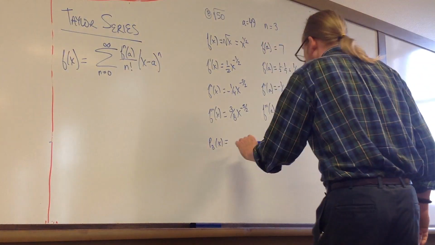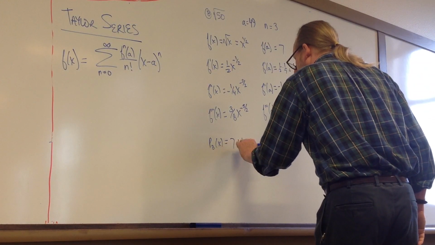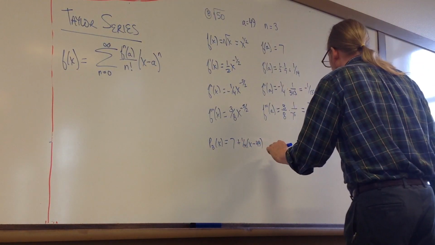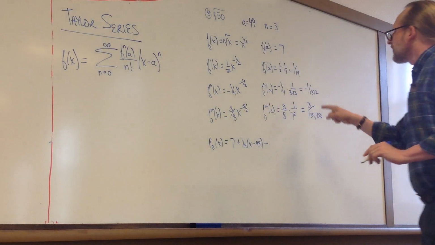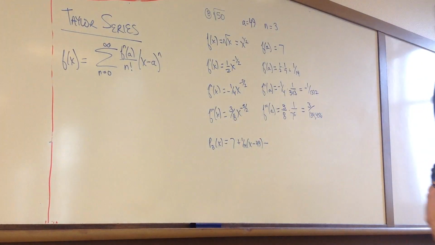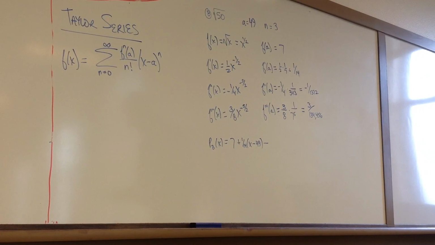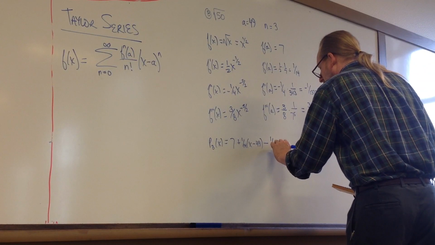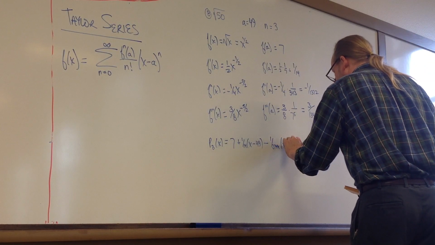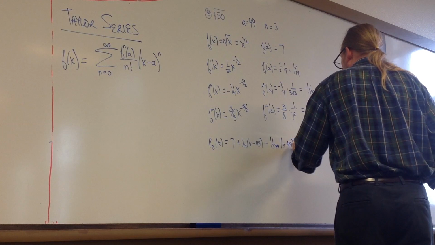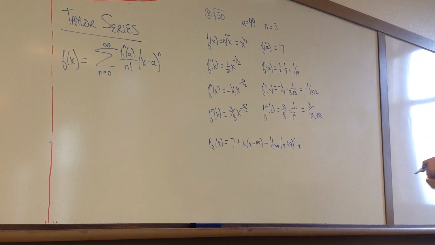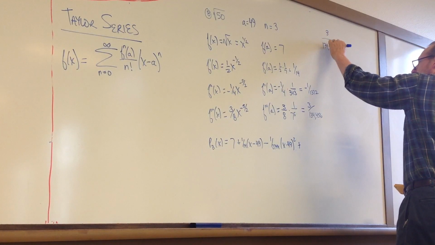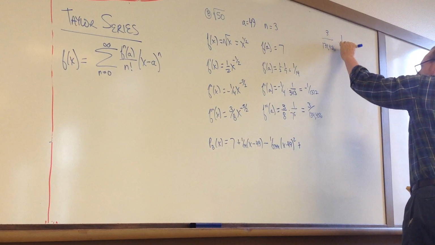P3. So we're going to have 7, and then 1 over 14, x minus 49, and then minus 1 over 1372 times 1/2, and so what is that? 2744, and then x minus 49 squared, and then this will be 3 over 134,456 times 1/6, right?